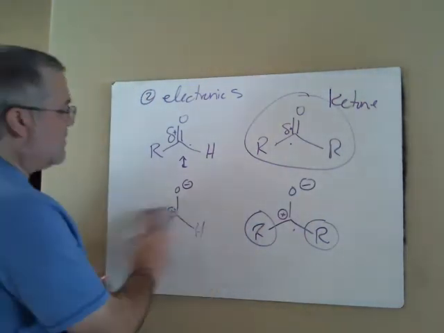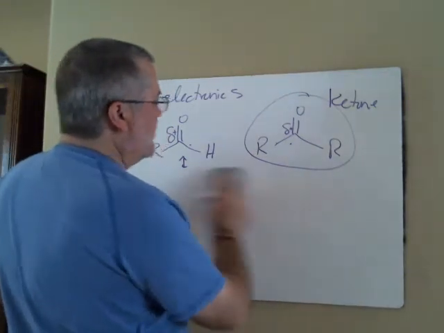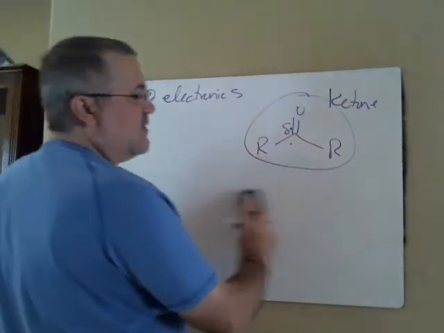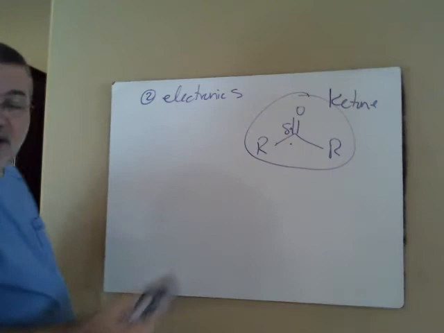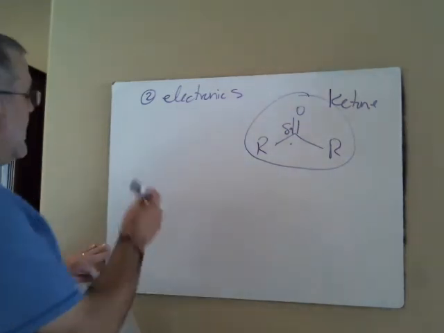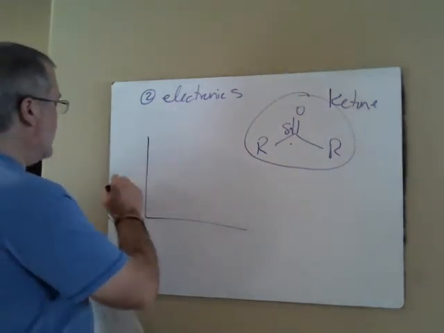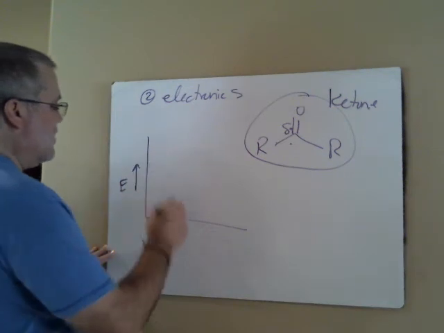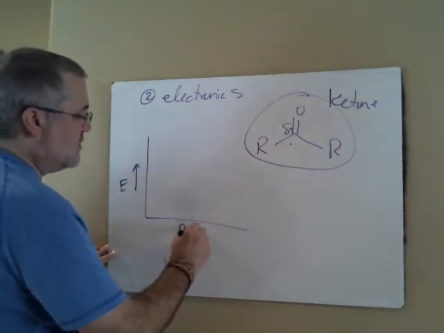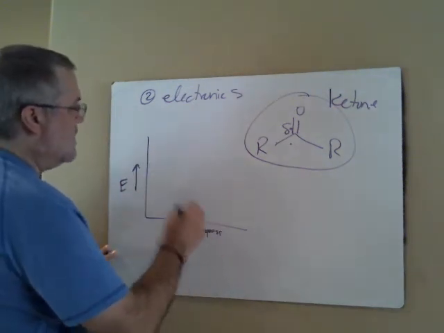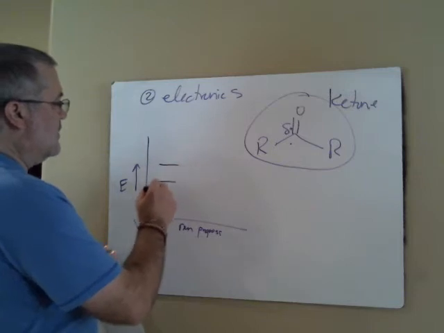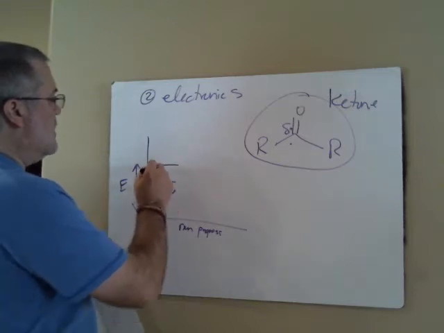And anytime the starting material of a reaction is more stable, because here we're not talking about intermediates, we're talking about the electronics of that starting material. If you were looking at your energy versus reaction progress, this is ketone and this is aldehyde.